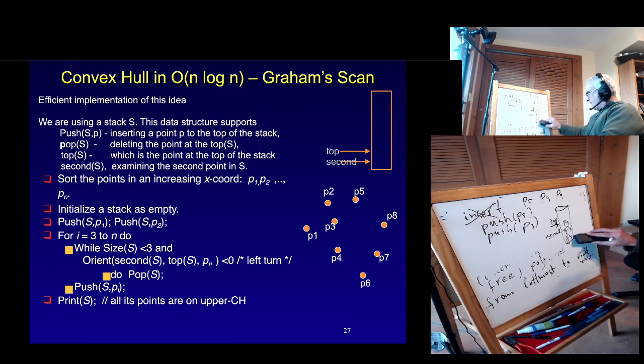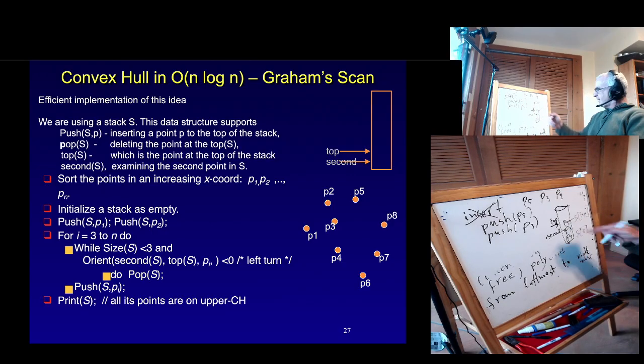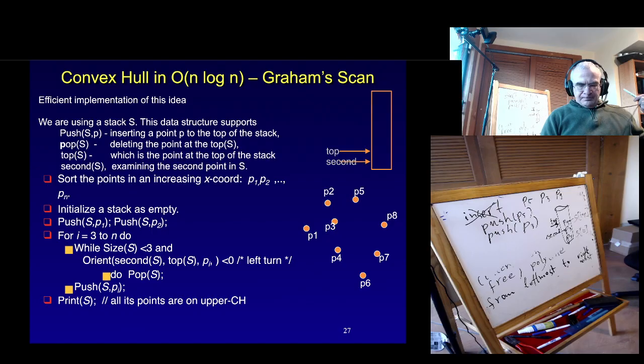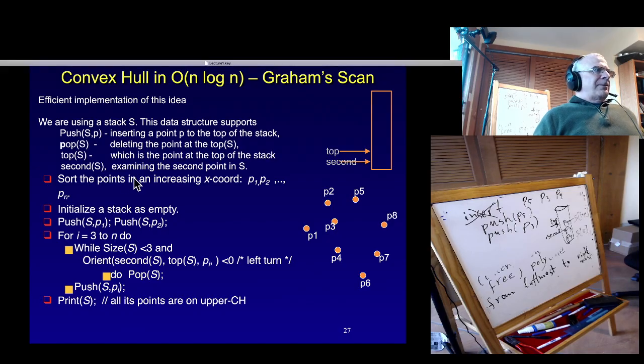Then S of 0 will contain P5, and I'll have a variable called top, and S of top will contain P9 at this point. So you can implement it using just an array.